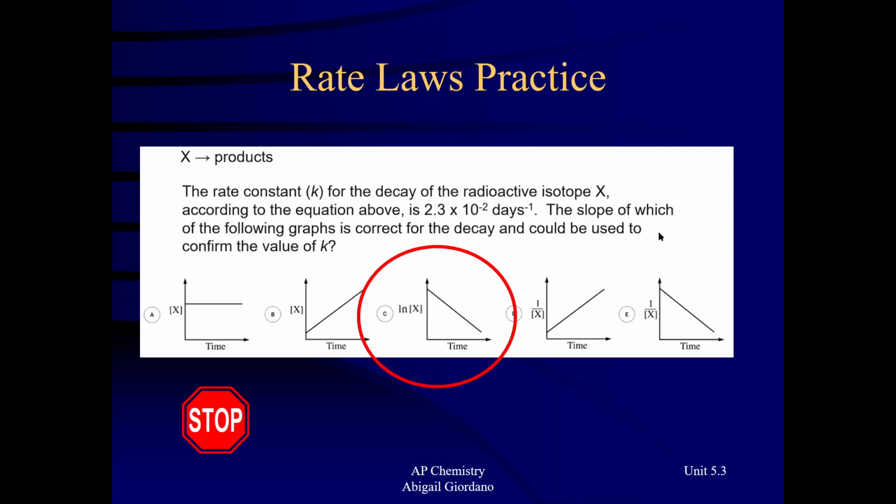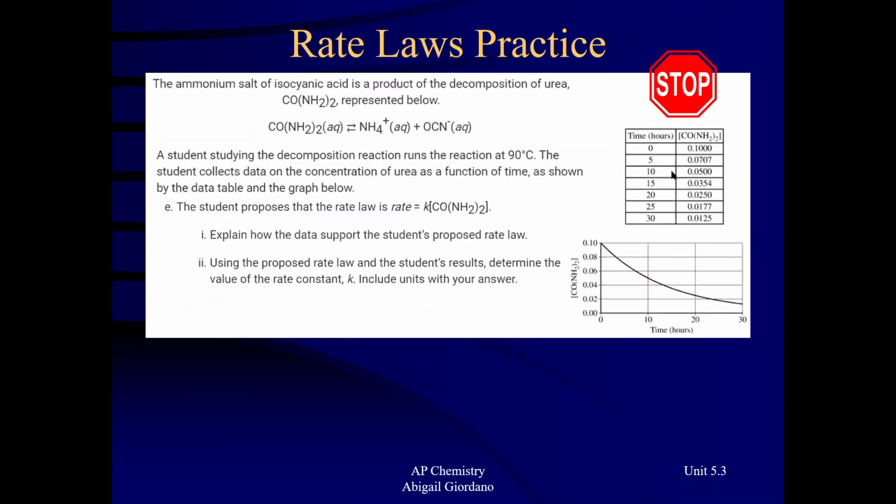Okay. Let's look at one more practice problem, and I just want to explain something that I sort of hinted at but didn't really explicitly go over. It says the ammonium salt of isocyanic acid is a product of the decomposition of urea represented below. And there's our reaction. A student studying the decomposition reaction runs the reaction at 90 degrees.